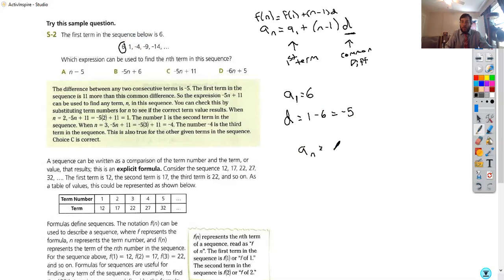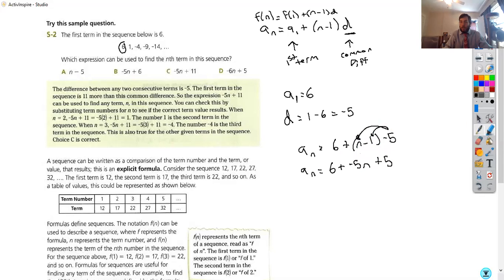So a_n = a_1, which is 6, plus (n − 1), and then our common difference, which is −5. So to remove our parentheses here, we're going to distribute this −5 to n and −5 to −1, and simplify. So a_n = 6, then −5 times n will be plus −5n, then −5 times −1 is plus 5.